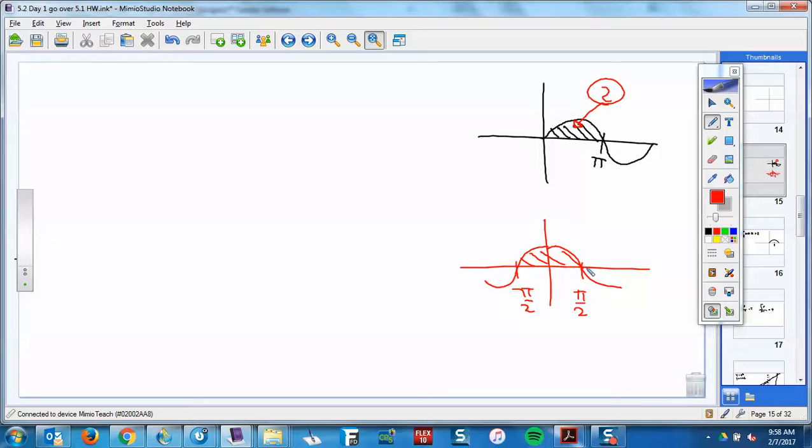Isn't one hump of the cosine curve the same as one hump of the sine curve? Because they're the same curve, just shifted, right? So yes, it's got to be 2. By things we know about odd and even functions and symmetry, it's got to be. Now, so you said 56 and you said 57, right? Now, I want to go back to 55. What about 55?